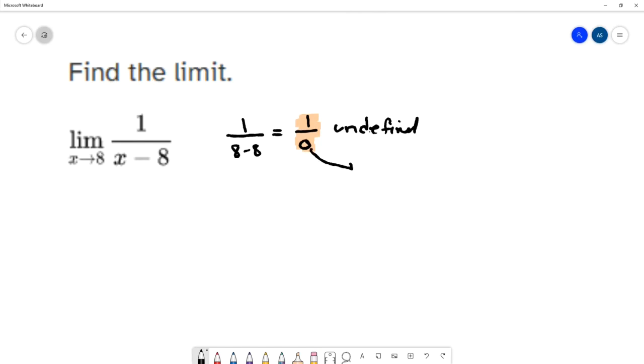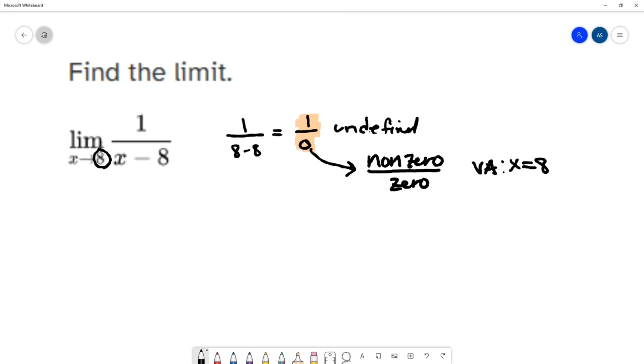So when you get this information, you have a non-zero over 0. And we have some theorems that tell us that anytime we get that non-zero over 0, then there is a vertical asymptote at that location. So we know at x equals 8, we have a vertical asymptote.